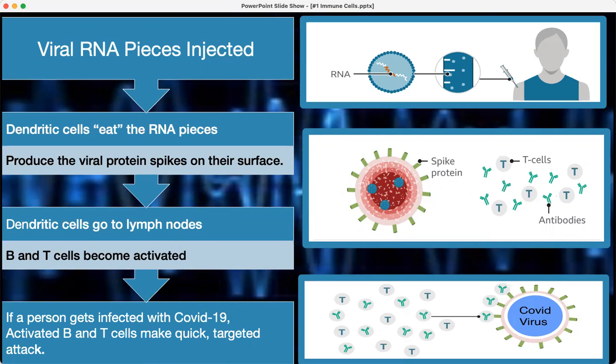And then they go back to the lymph nodes, and those spike proteins generate the immune response for T cell and B cell activation. Highly effective. So if a person gets infected with the COVID virus, they have this massive target approach by their B and T cells. So very effective vaccination.